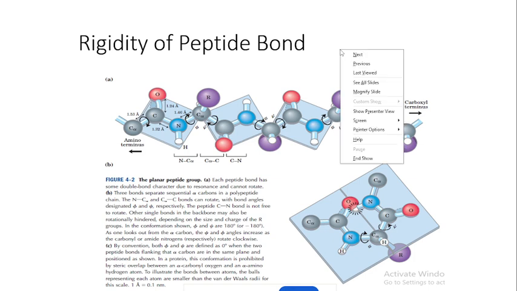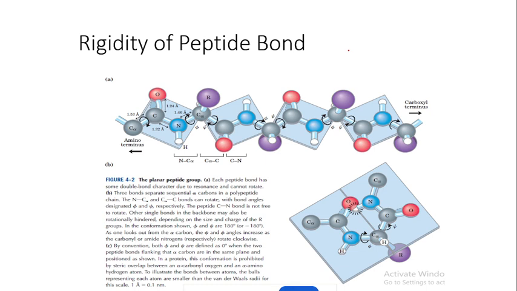Suppose there is a polypeptide chain with different amino acids: amino acid one, amino acid two, three, and then seven, right? Intramolecular interaction means, suppose this number two is aspartate.